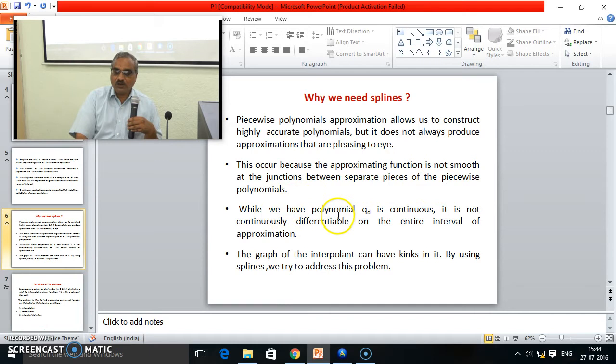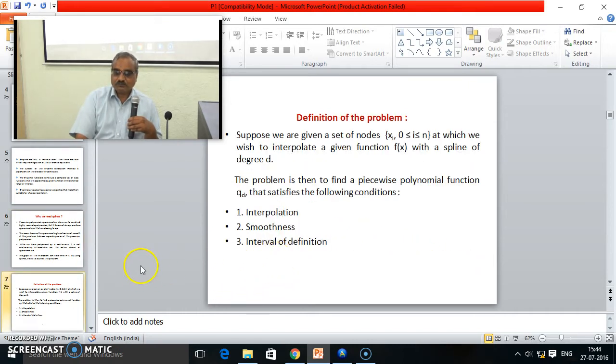While we have polynomials, q_d is continuous, it is not continuously differentiable on the entire interval of approximation. The graph of the interpolant can have kinks in it. By using splines, we try to address this problem.